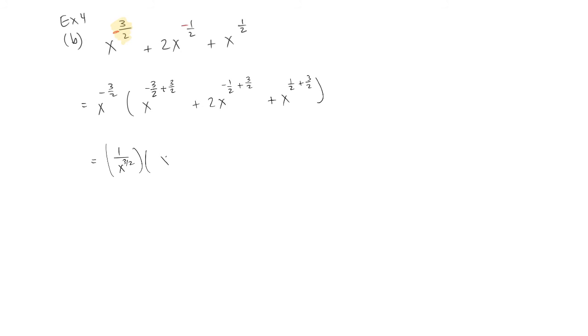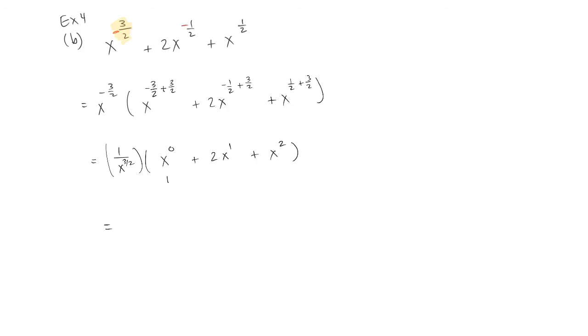X to the negative 3/2 plus 3/2, that's just x to the 0, which is 1, plus 2x to the 1/2, my plus 3/2 would be 2/2, which is just 1, and this would be 4/2, which is 2.